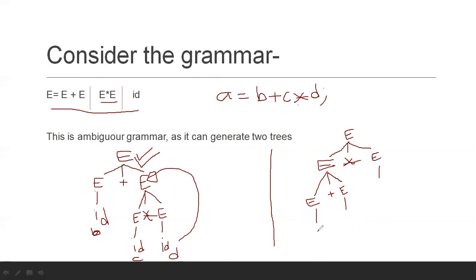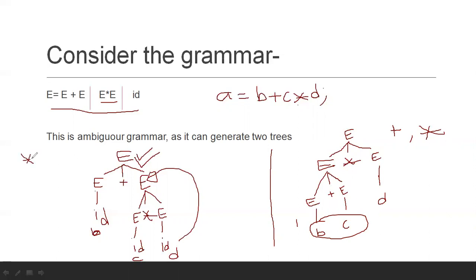So this E is nothing but ID B, this E is nothing but ID C, and this E is nothing but ID D. Now what will this particular tree do? This particular tree will do B plus C first and then multiplication. So plus is done first and after that multiplication is done. What is done here?